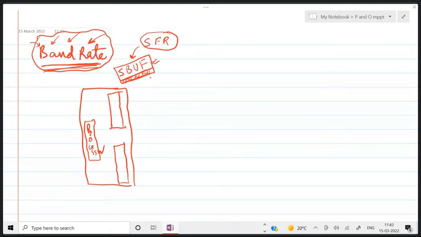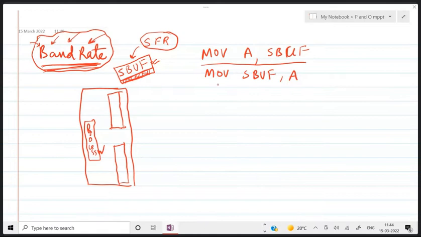Just think of this instruction: MOV A, SBUF, and another instruction is MOV SBUF, A. So what is the difference between the two instructions?